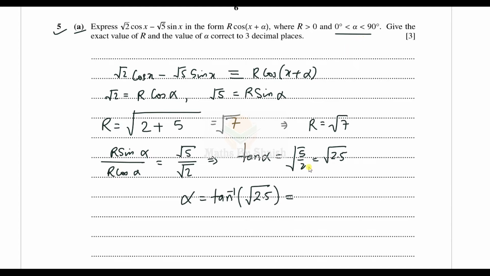From the calculator it is coming 57.6884 and so on, so it can be written as 57.7 degrees. But they have asked specifically for alpha correct to 3 decimal places, so we'll write not 57.7 but 57.688 degrees. This is the answer for r, root 7, and this is the answer for alpha. I guess it is okay. Let's do the next part.